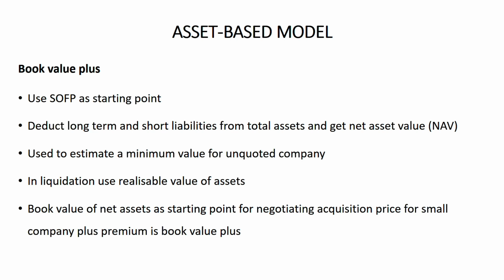But that premium is known as the plus. You're adding something to that book value, a premium. That's why this method is known as book value plus. Otherwise, it could be kept just as book value. It's like a margin you are adding to your cost to get a selling price. It's the same technique.